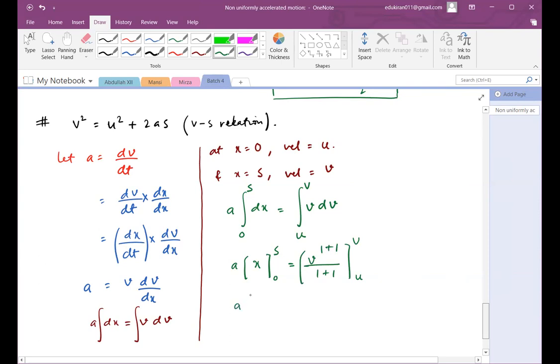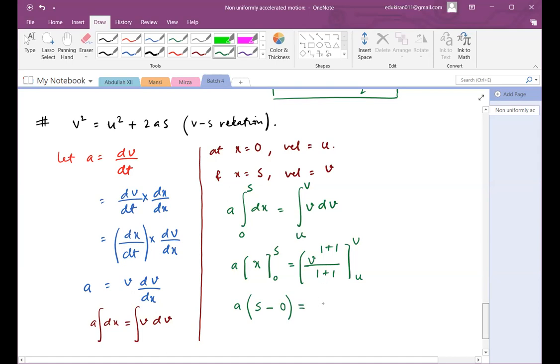Now, if you simplify it, put the value of x, upper limit as s, lower limit 0, and there will be a negative sign in between, is equals to 1 plus 1 will be in the denominator, and it will be constant, v square.